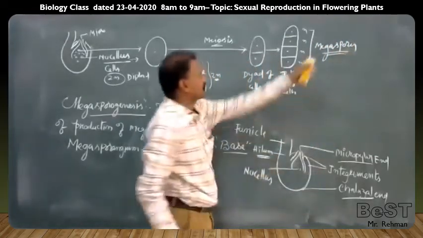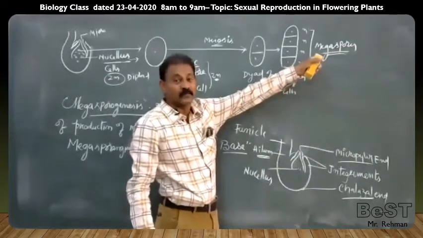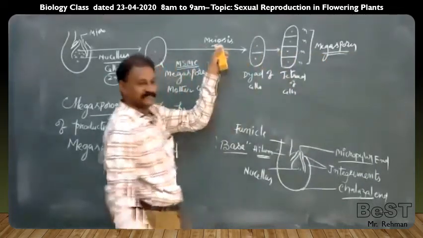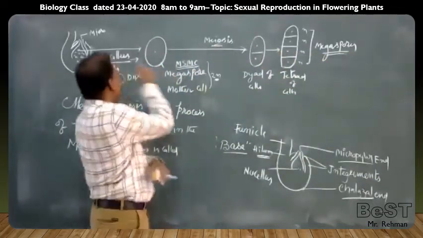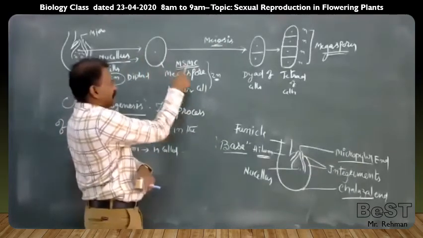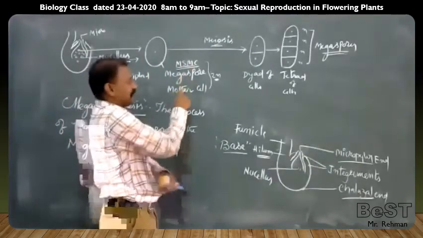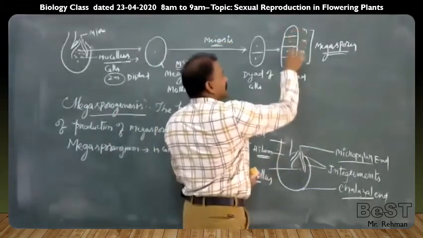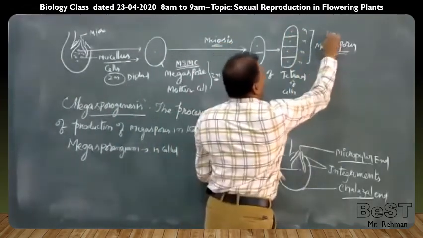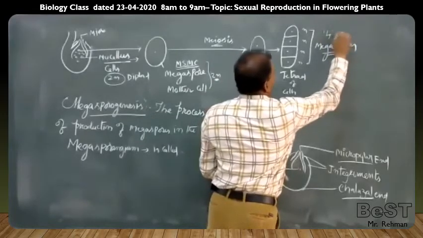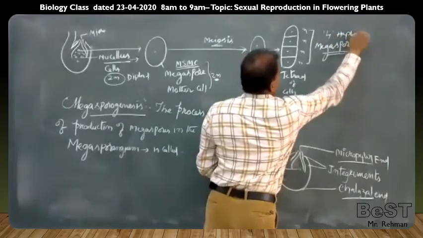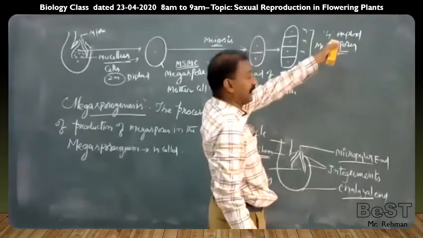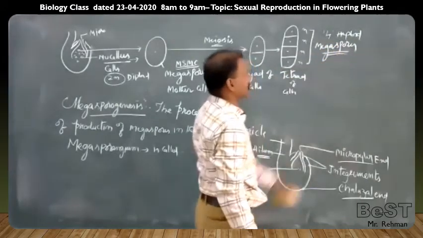What are megaspores? Megaspores are the products of meiosis. Only one nucellus cell becomes the megaspore mother cell, and this megaspore mother cell undergoes 1 meiosis and finally produces 4 haploid megaspores.